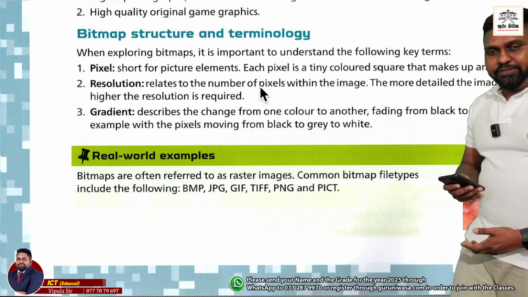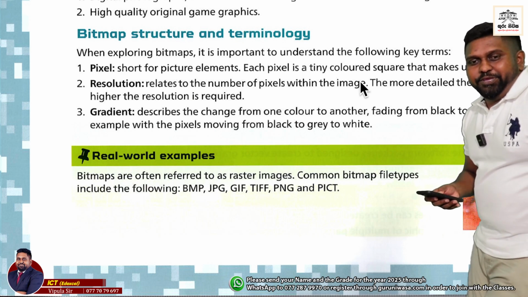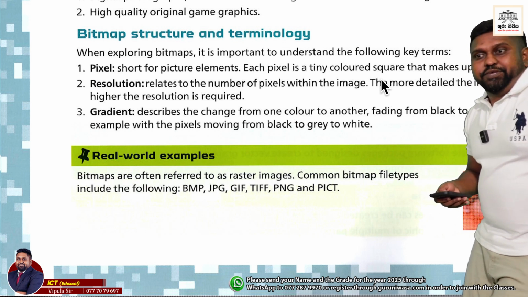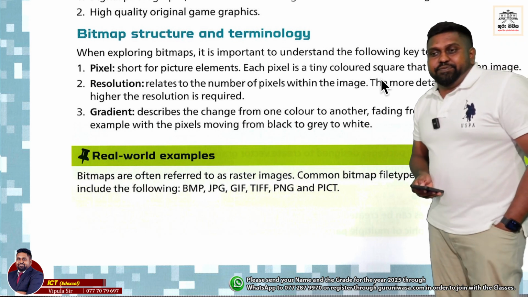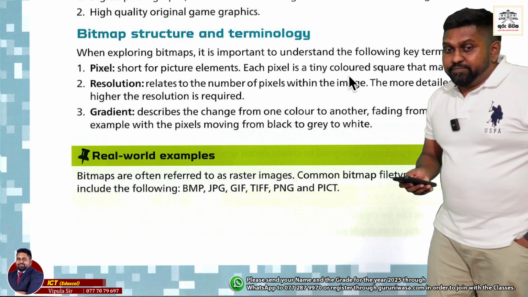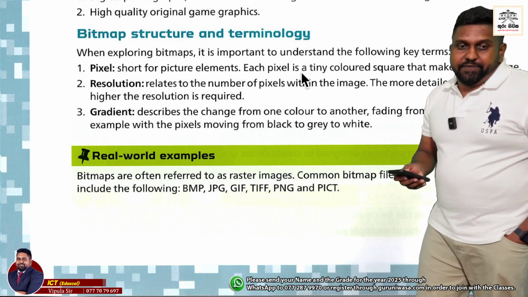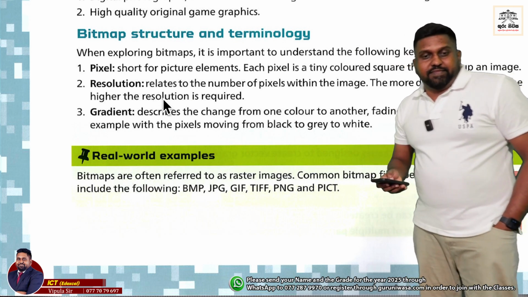That's a term you need to write down in your book or highlight, because later on when we are revising for an exam. Done highlighting? Perfect. And then resolution is the second one.